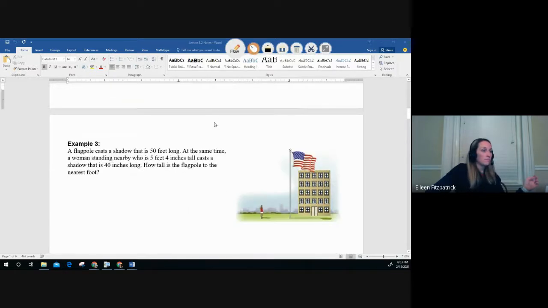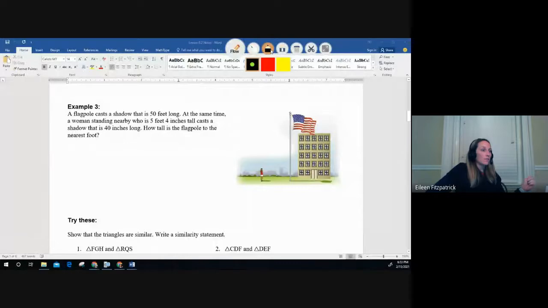Move down. All right, example 3. It says a flag pole casts a shadow that is 50 feet long. Okay, so here's my flag. Here's the shadow. I know I'm looking at a triangle because these are all triangle problems, really. All right, so there's my triangle, and the shadow is 50 feet long.